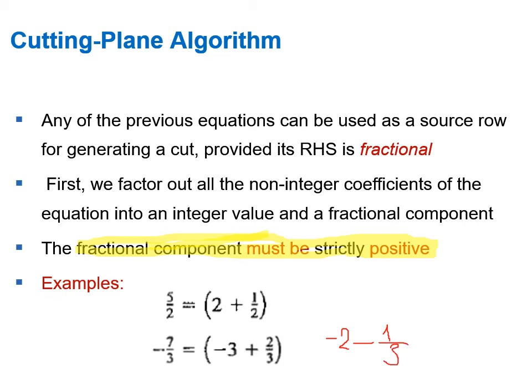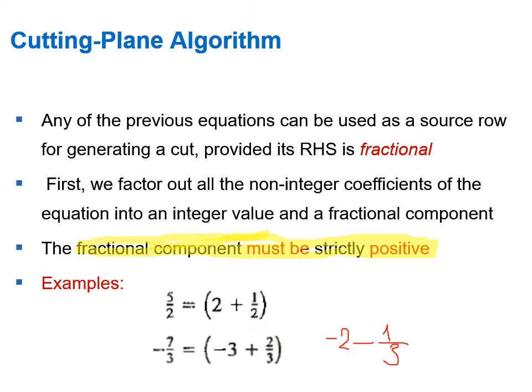So this is minus 7 over 3, an integer plus a fraction. But this is not correct because the fraction must be positive. In order to make this fractional part positive, I write the integer part as minus 3, not minus 2, and then the fractional part as plus 2 over 3.